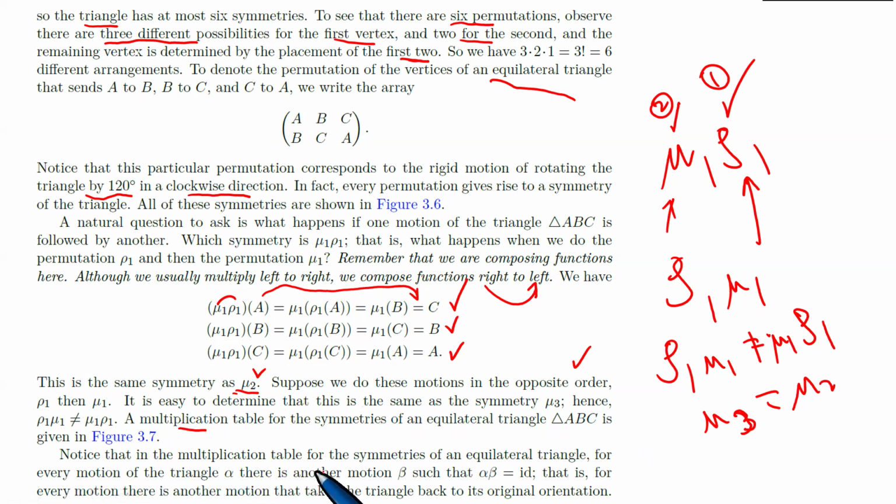Notice that in the multiplication table for the symmetries of an equilateral triangle, for every motion of the triangle alpha, there is... Okay, I need to check this one. Something I want to show you here. Go to Sunday, and then go to Saturday.